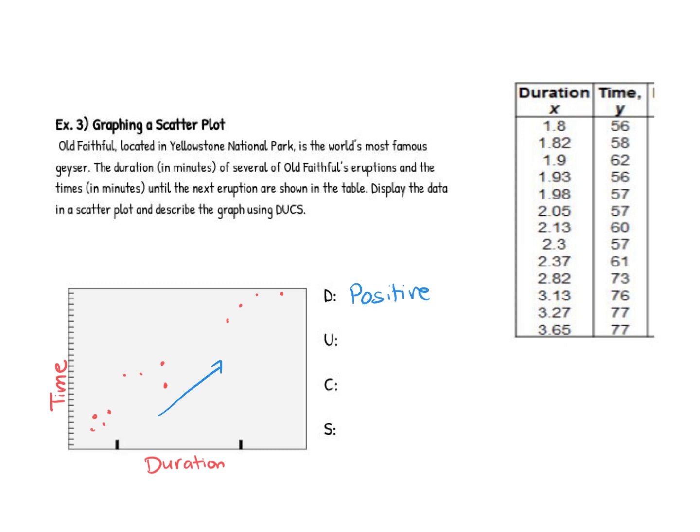This one has a more distinctive gap there, so we could put gap in our unusual or outliers. And then C, its correlation would be linear. It's moving in a linear fashion. And again, our strength, I'd call this around moderate.